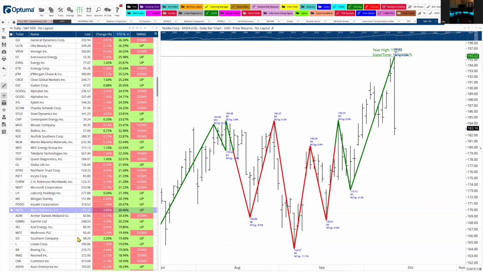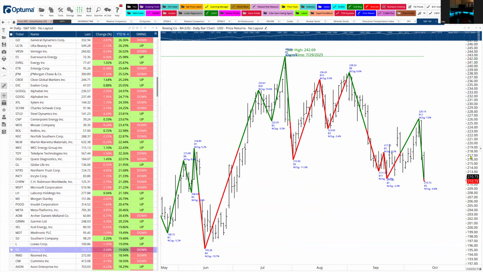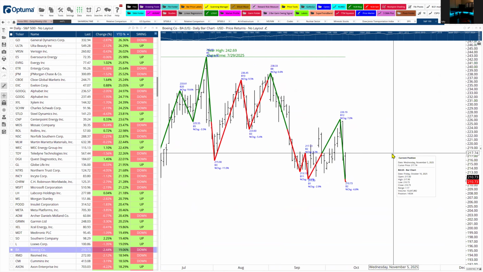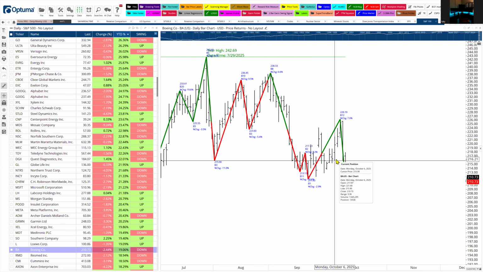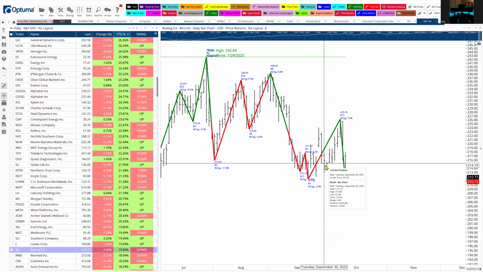Yeah, back and forth swings are not easy to trade. They're boring. I traded this move. We did. I mean, it was after a couple days.